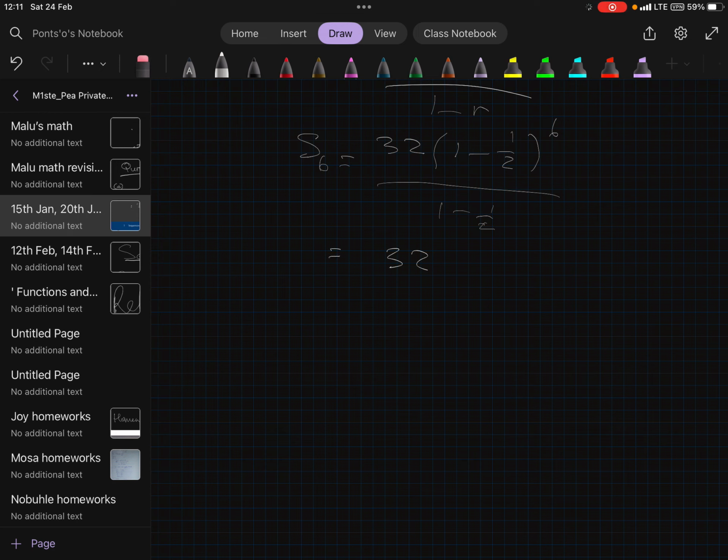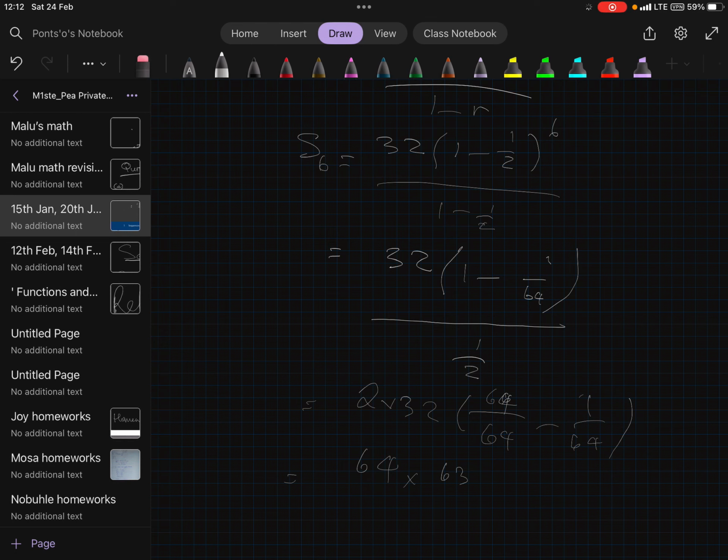Then this gives us 32 times 1 minus 1 over 64, divided by a half, and that's going to give us 2 times 32 over 64 minus 1 over 64, and this gives us 64 times 63 over 64.